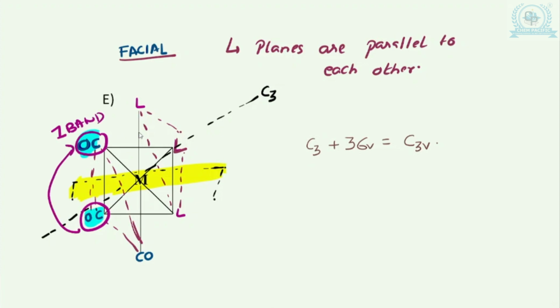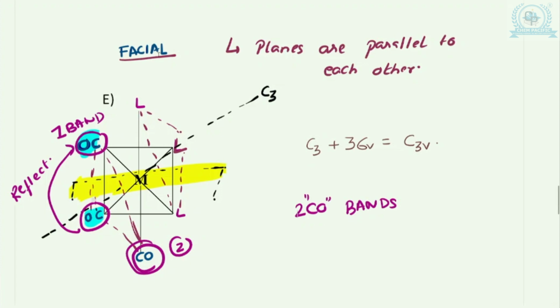Two which are reflecting each other. ठीक है, and another you can see is the axial one. You will be getting the second band due to this. So therefore in this structure you're getting two CO bands. Very important as well as interesting. Clear?